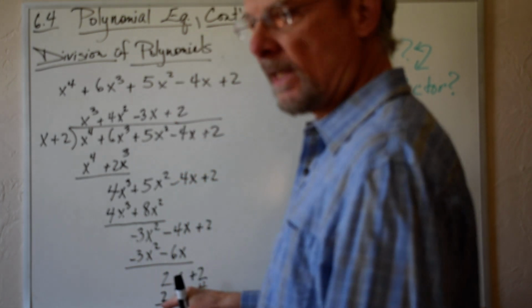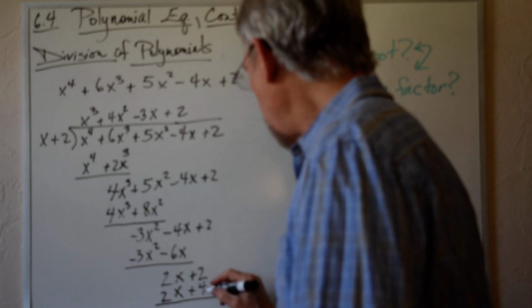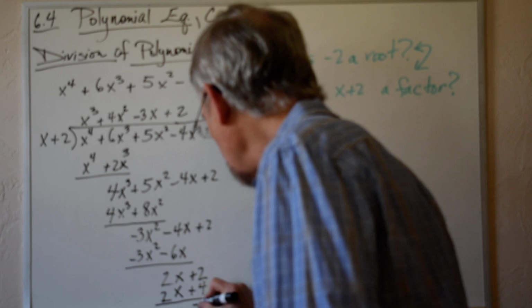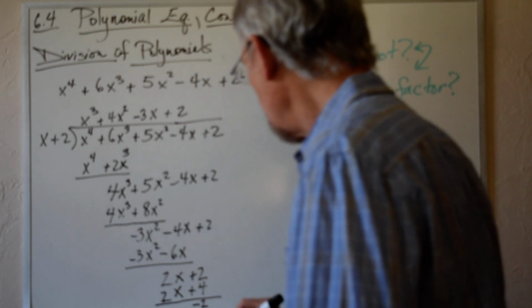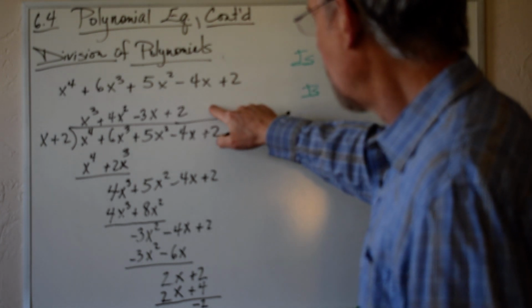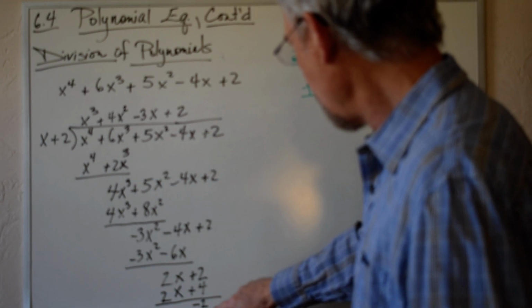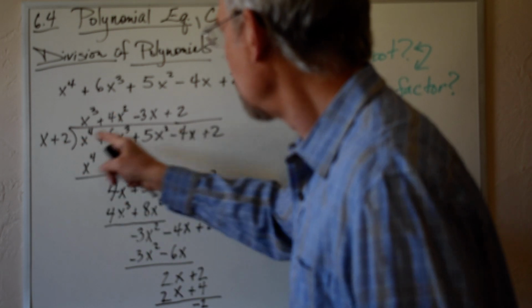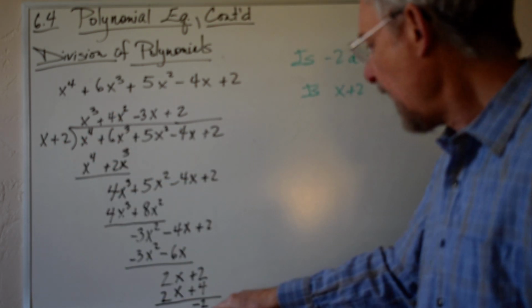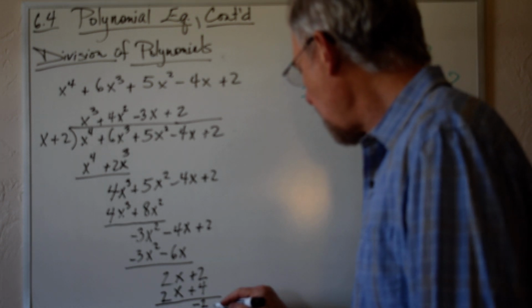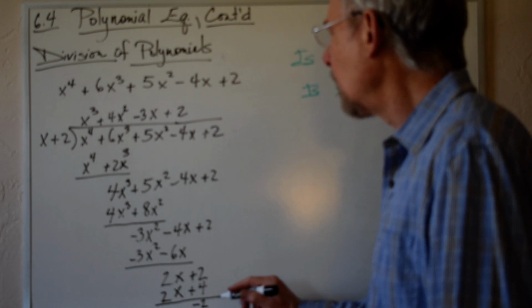I subtract, the x terms go away. 4 subtracted from 2 gives me a negative 2. And that's as far as I'm going to get. There's nothing I can multiply here that's going to get rid of that minus 2. Because if I multiply by another number, it's just going to put the x's back in there and I'm never going to get anywhere. So this is my remainder, negative 2.